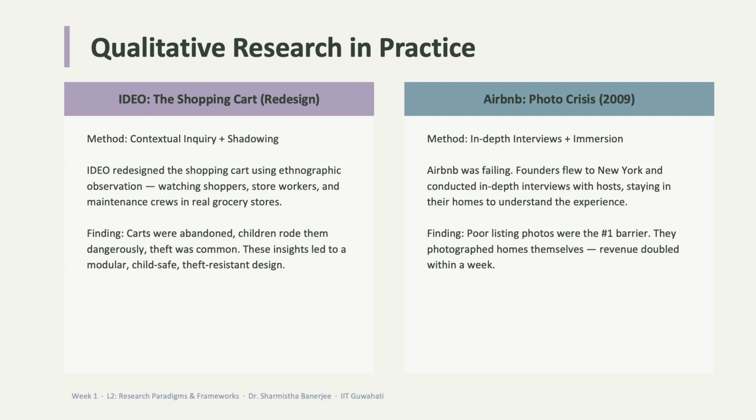Thus they decided that, in order for listings to do well on Airbnb, they had to employ their own team to take the right kind of photographs, so that people who want to join are satisfied and get a better picture of what they are looking at. And then the rest is history. We know how successful Airbnb is.